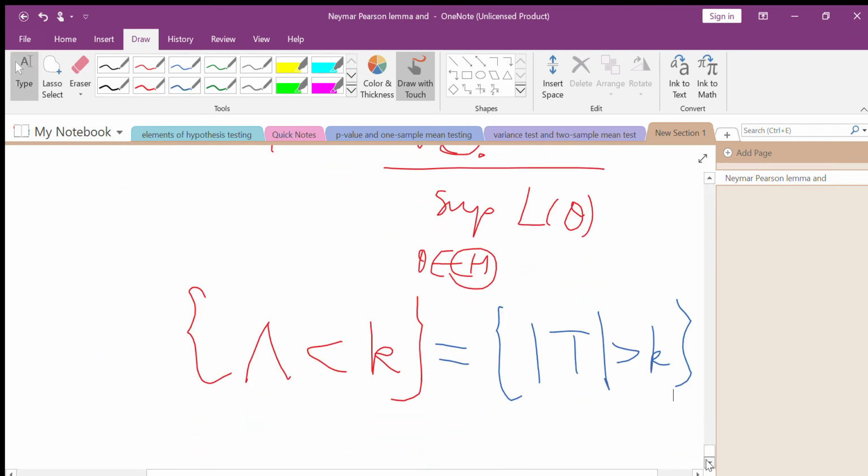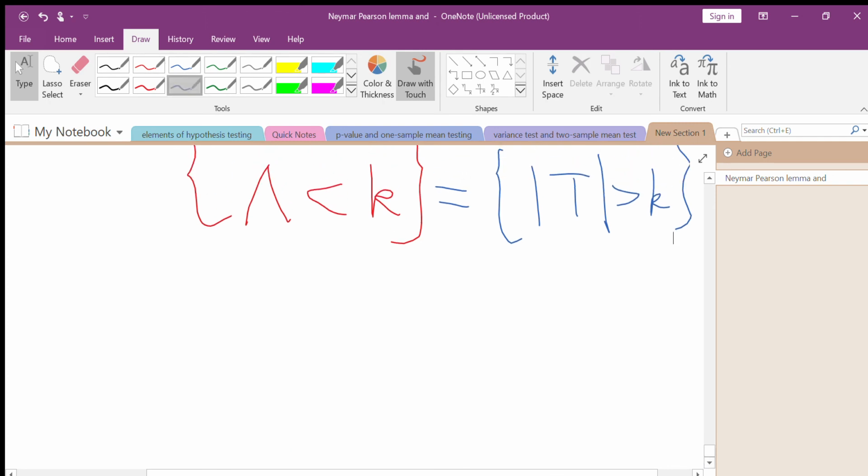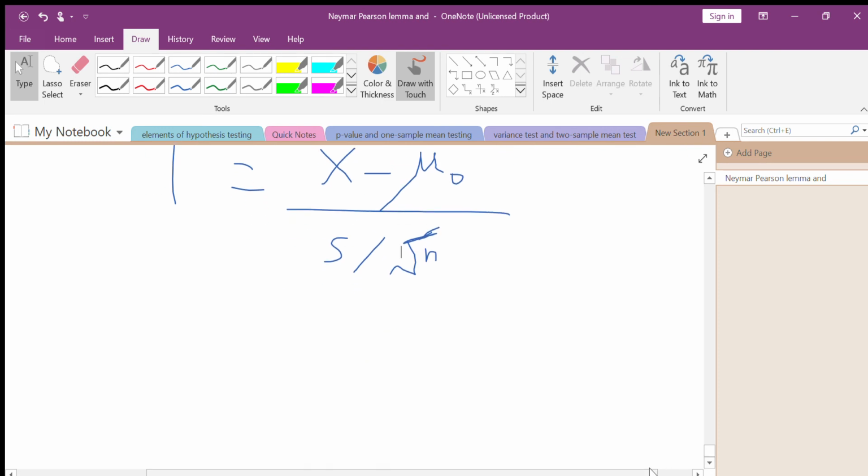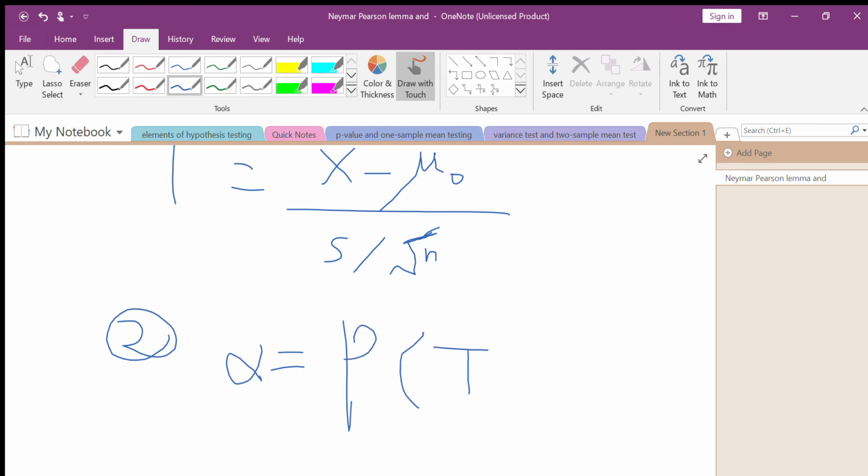And this T is capital X bar minus mu 0 divided by S divided by square root of n. And the next step for the likelihood ratio test statistic is to set alpha equal to the probability of absolute T greater than some constant given H null.